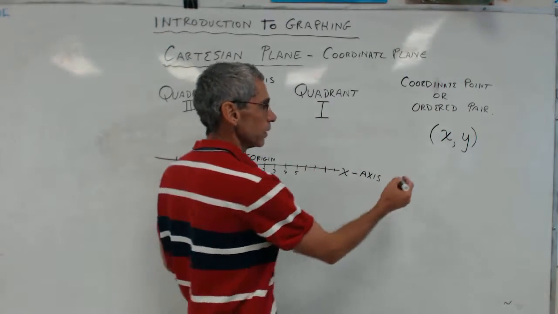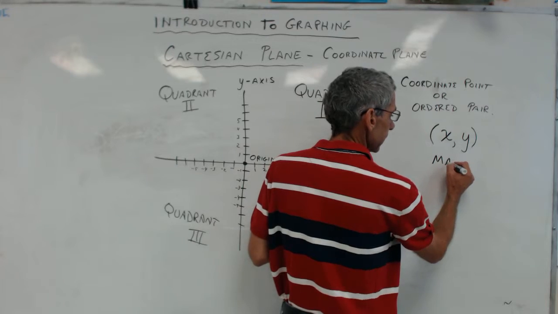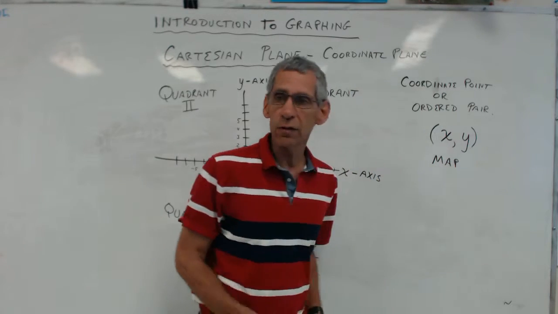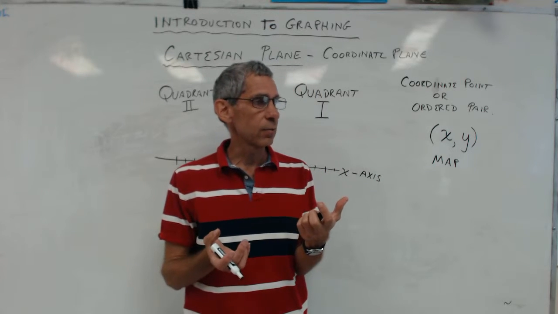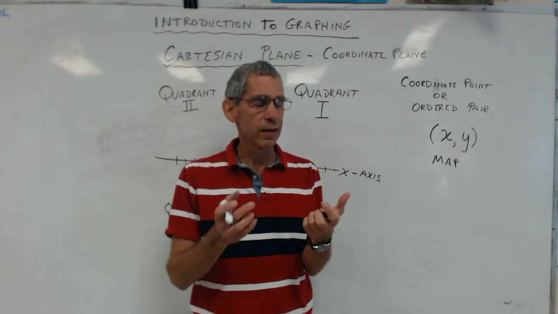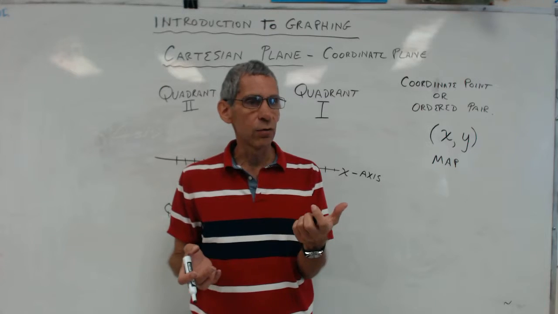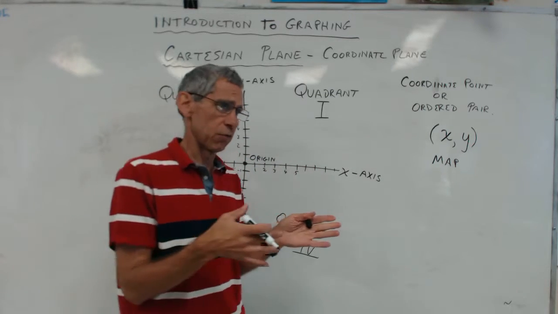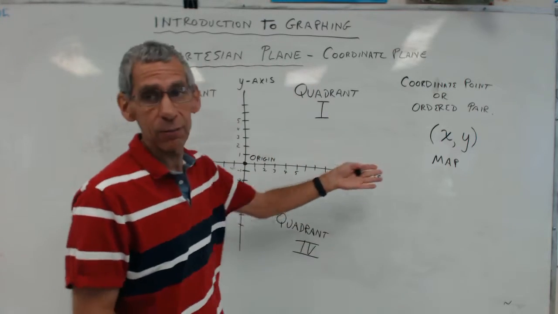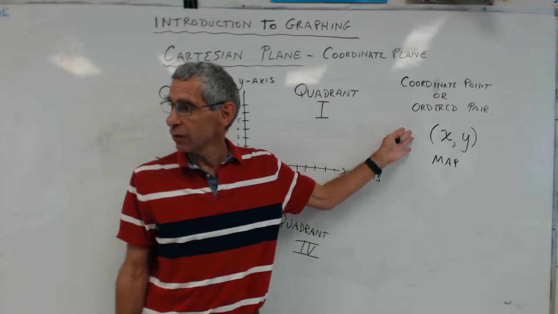This is really a map, and it's sort of like a GPS system on your phone, right? It tells you turn right here and turn left there. It's the same thing. It's a map for a graph.